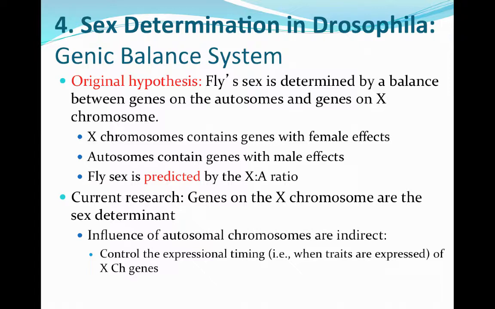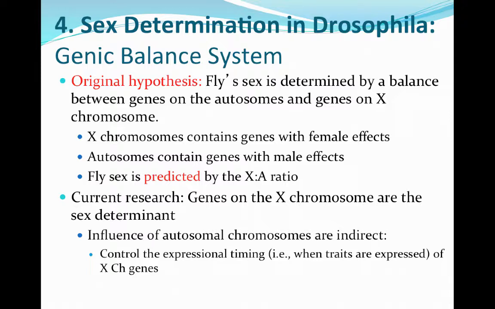And then they hypothesized again that the autosomes would actually contain genes that would code for proteins specific to male effects. And so the result of those two hypotheses was that the fly sex was actually predicted by the X chromosome to autosome ratio. So X to A is the X chromosome to autosome ratio.